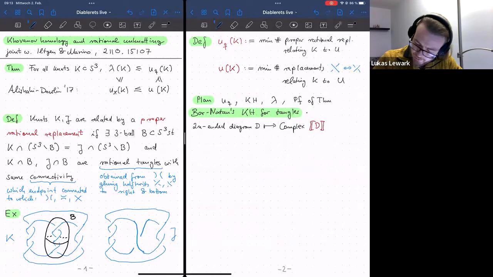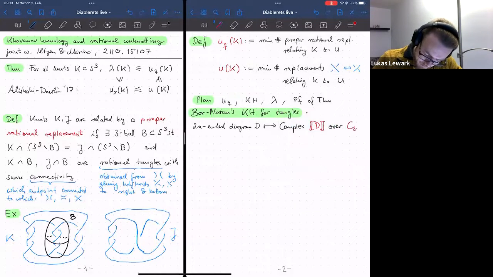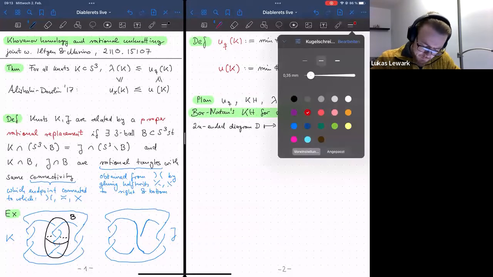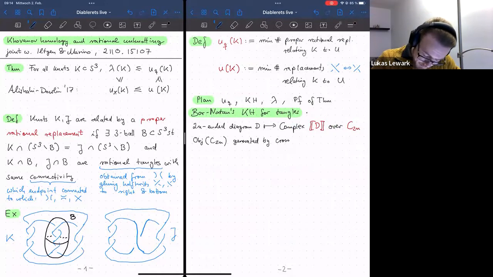This is a complex over a category C2n, which is additive and graded. And Bar-Natan explicitly constructs this category. It has as objects crossingless tangle diagrams and sums of them and grading shifts of them. So I'm just saying the objects are generated by crossingless 2n-ended diagrams.